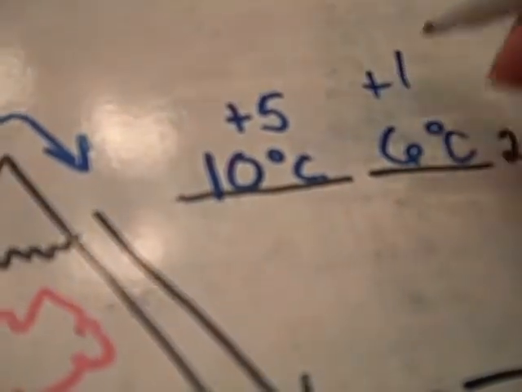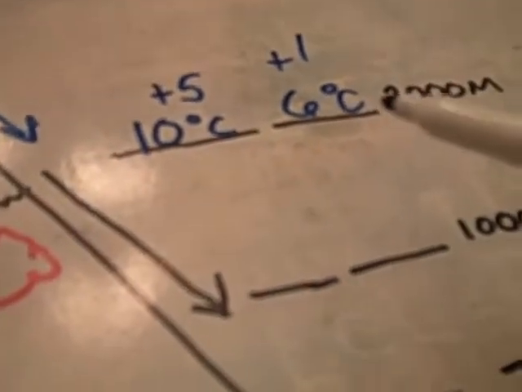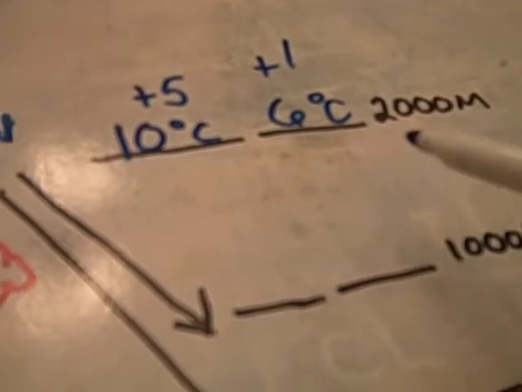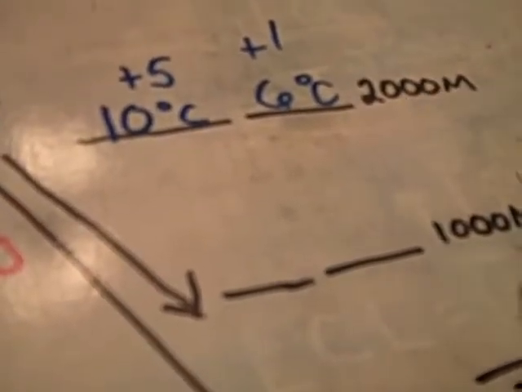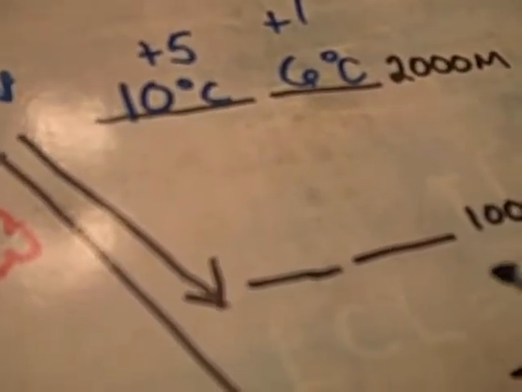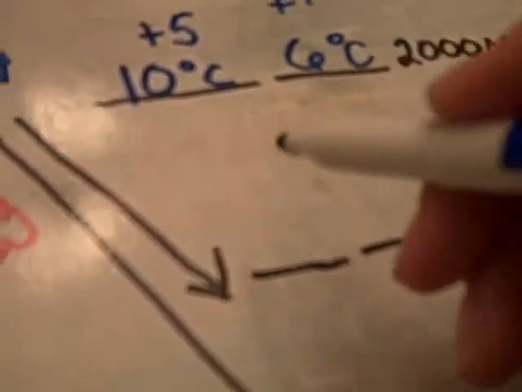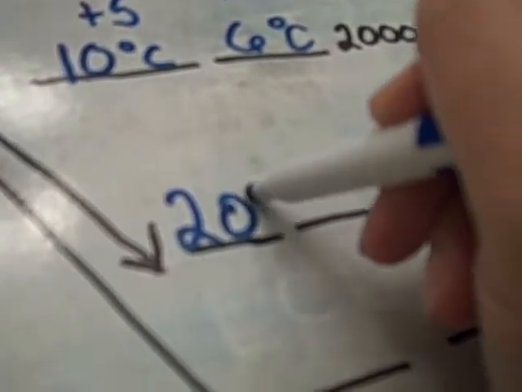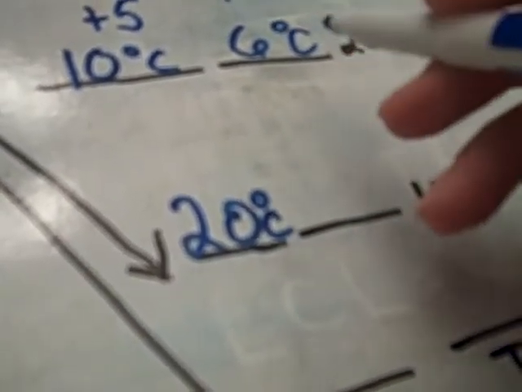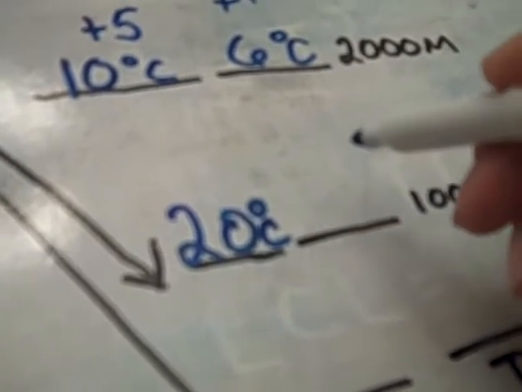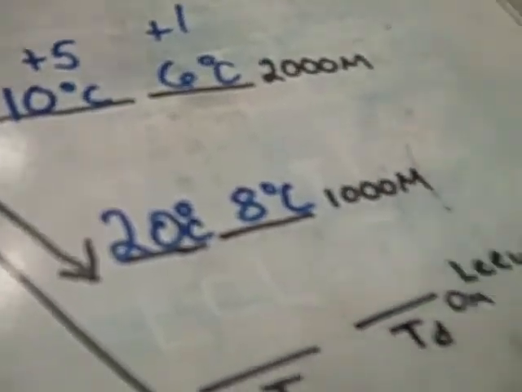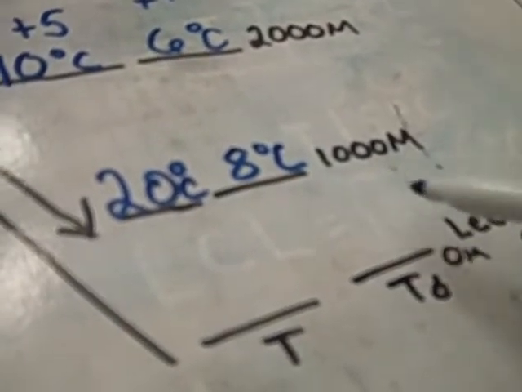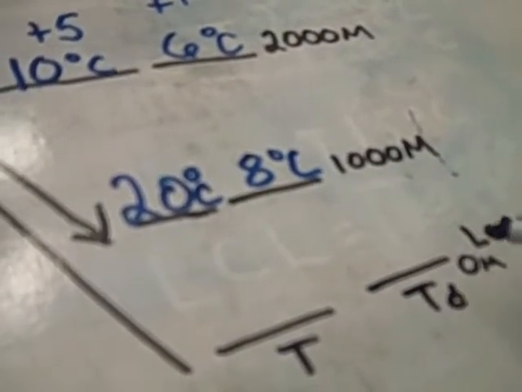I'm adding 1. Now for the next step, I'm actually going to go the full 1 kilometer, or 1,000 meter step, and so I'm going to warm up by the full descent. In this case, I'm warming up by 10, and that gives me 20 degrees C. And this one, I'm going to warm up by 2, and that's going to give me 8 degrees C. Finally, I'm going back down the extra 1,000 meters, so I'm going for a full step again.